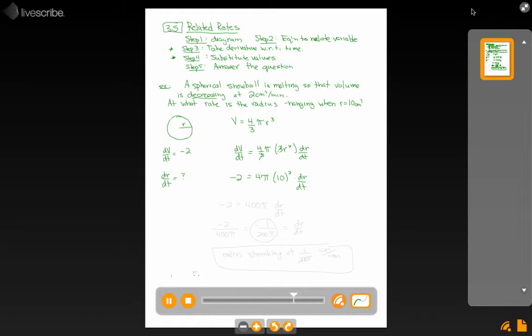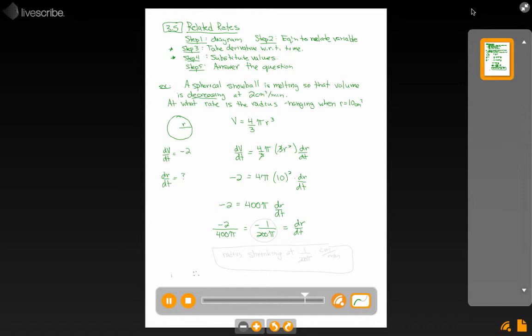So now it's just getting these numbers, and if the question asks for nearest tenth or something, I could use decimals. If not, I'll just use exact values. 10 squared is 100, so I've got 400 pi times dr by dt equals negative 2, so negative 2 over 400 pi, which I could reduce, I suppose, to negative 1 over 200 pi, is equal to the dr by dt.